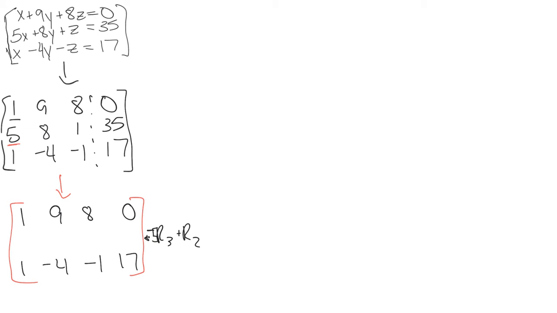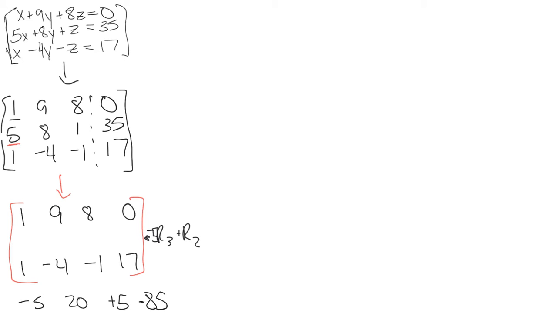If I do negative 5 row 3, that changes that to negative 5, 20, positive 5, and 17 times negative 5. Give me a second. And that is 85. Okay, and it's a negative 85.